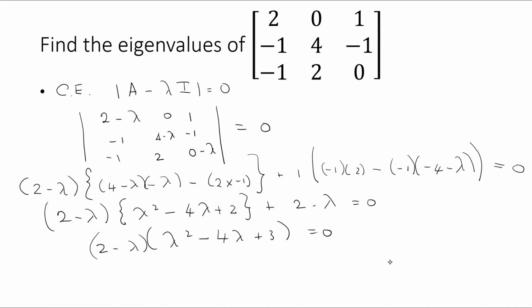Now we can factorize that, and what we've got in the second bracket is a quadratic, which just happens to factorize. So now we have that lambda is equal to 1, 2, or 3. So these are our eigenvalues, but now we need to find the eigenvectors.